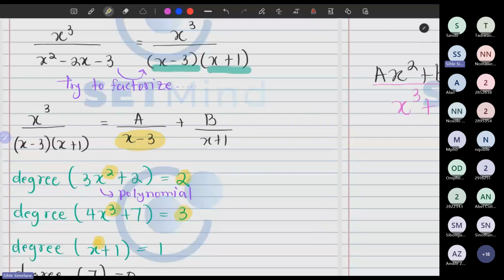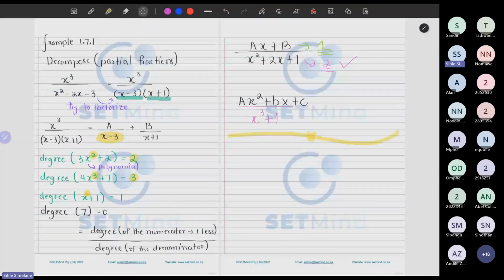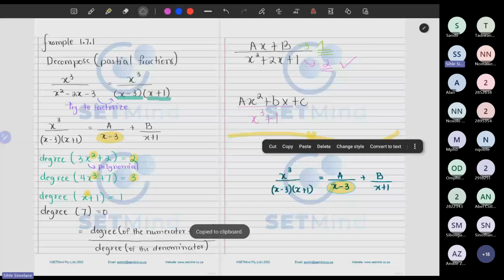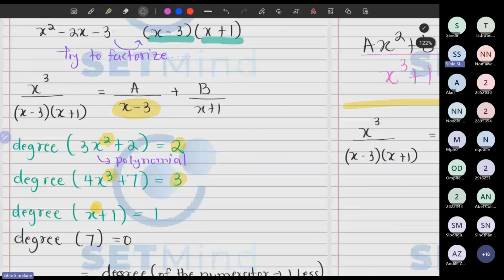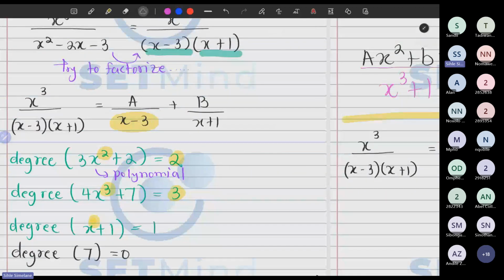Let's carry on with our problem on the next page. Sir, please repeat what you just said. So I said the reason why I have a constant there on top of x minus 3 is because x minus 3 has degree what? X minus 3 has degree 1.